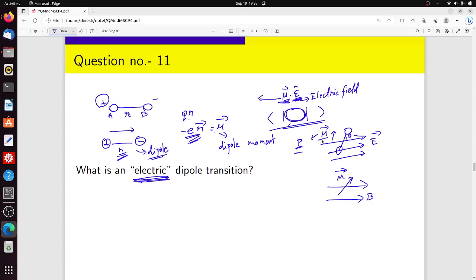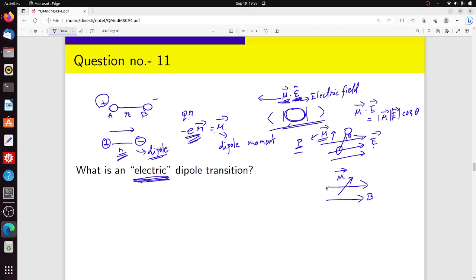So if there is an electric dipole moment in the electric field, their interaction will be mu times E, dot product. So this is nothing but the magnitude of mu times the magnitude of E times cos theta, where theta is the angle between this electric dipole and the external electric field.